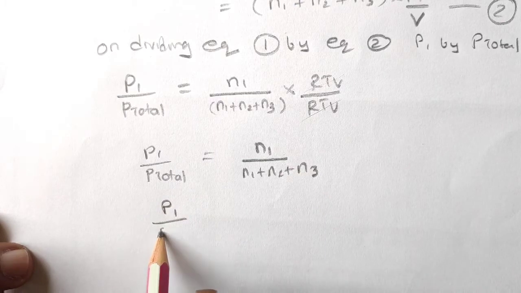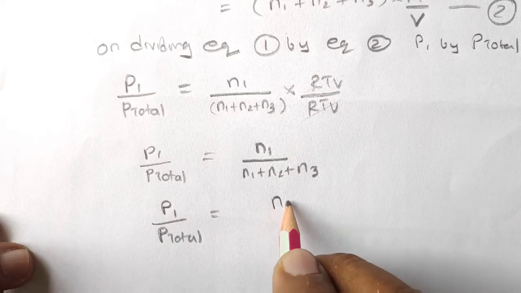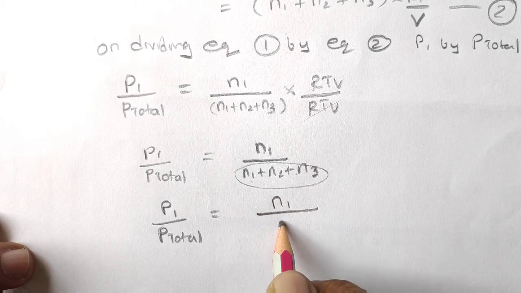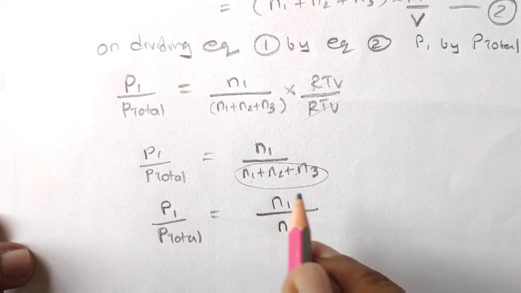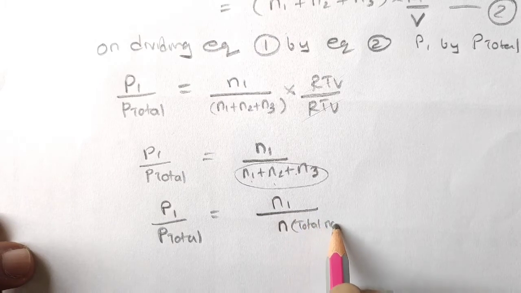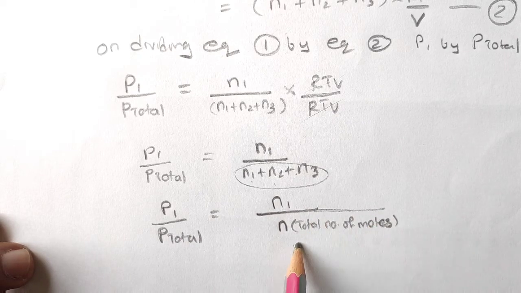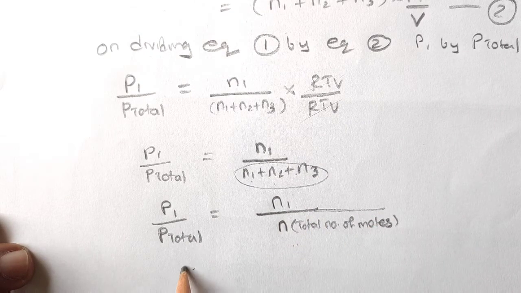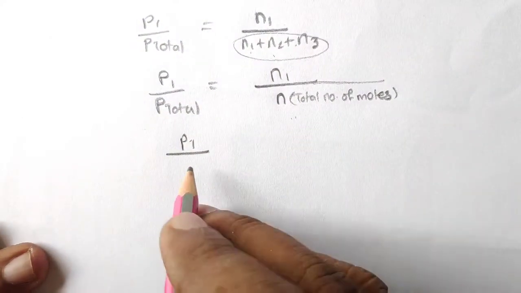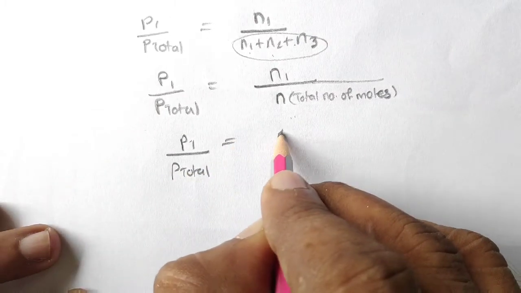Again you can write P1 upon P total is equal to N1 upon, for all three gases I will take N, which is nothing but the total number of moles, right? And that is the formula for mole fraction. So I can write P1 upon P total is equal to X1.